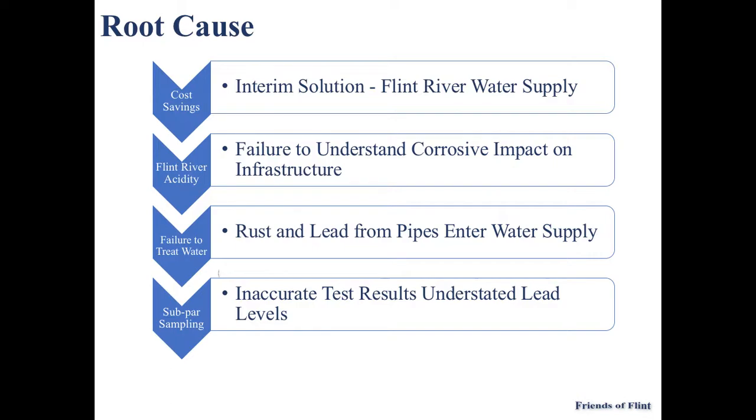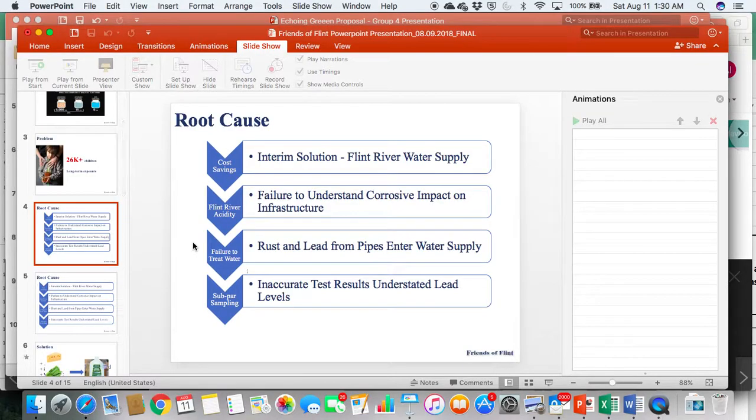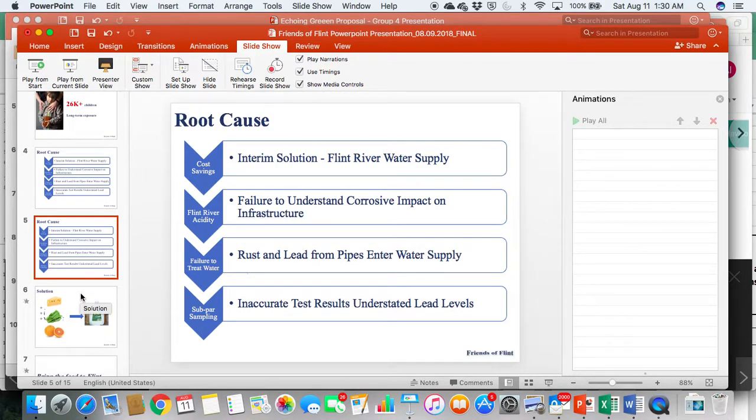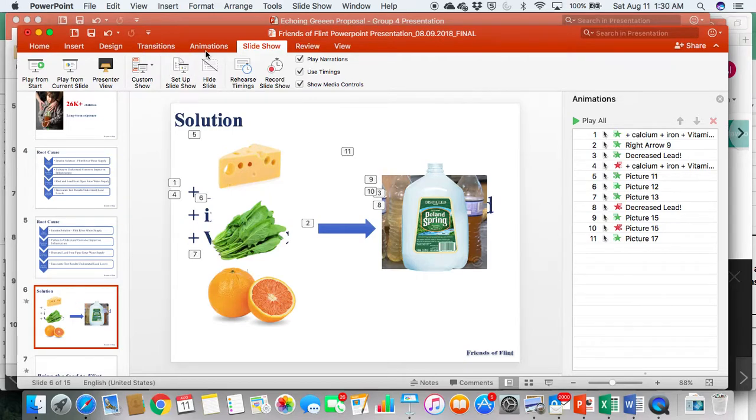So I would suggest have them just do simple animation and have these appear one by one, speak to each of them, and then go down the list. Also, by the way, this is probably too many words in this little area here, but that's really the bigger takeaway. The animation, something like that, does make a difference.